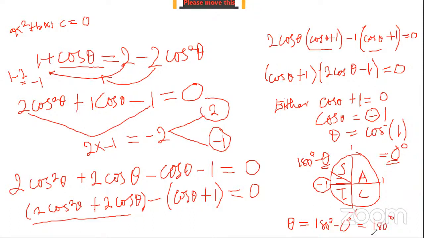Is that okay? Yes, sir. Then the one in the third quadrant would still be 180 plus theta, which is 180 plus 0, so it would give us the same answer. So that is for one side of the bracket.